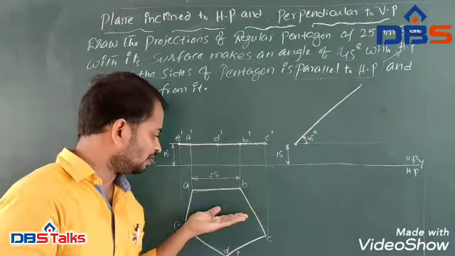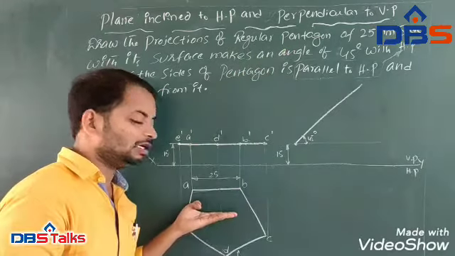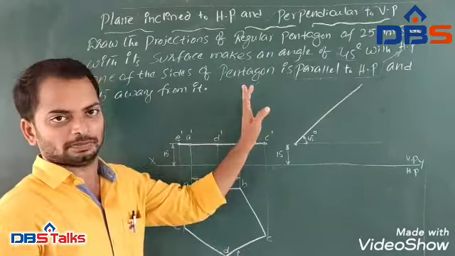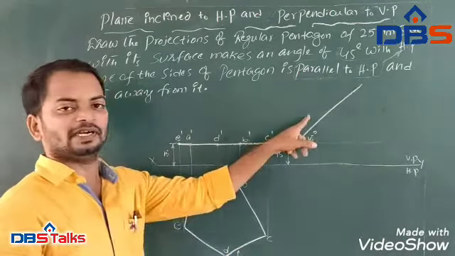That is the regular pentagon which is parallel to HP and at the same time inclined at 45 degrees to HP. So the same figure is tilted to 45 degrees.